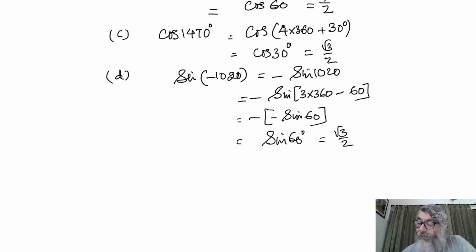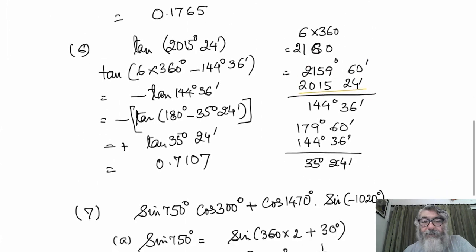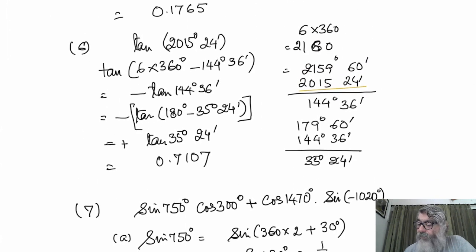So when we calculate the question, it was finally 1 upon 2 into 1 upon 2 plus root 3 by 2 into root 3 by 2. Those are the values we are putting. Sine 750 came out to be 1 upon 2. Cos 300 came out to be 1 upon 2.